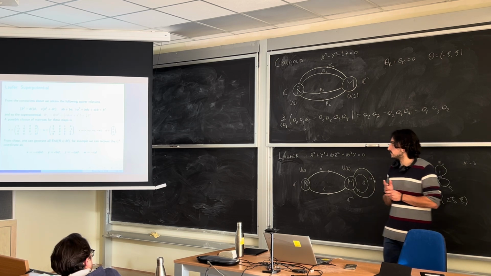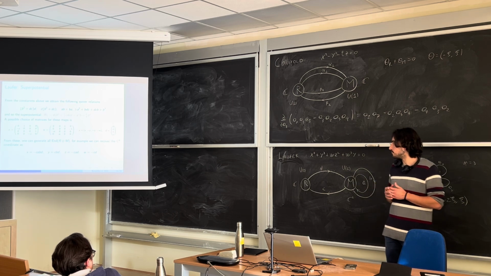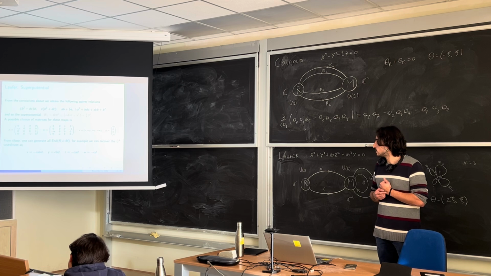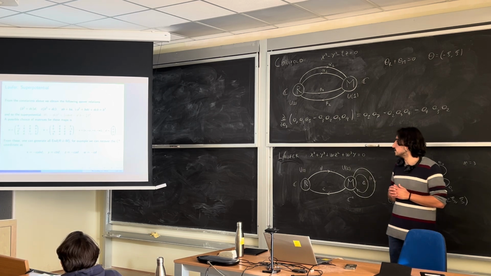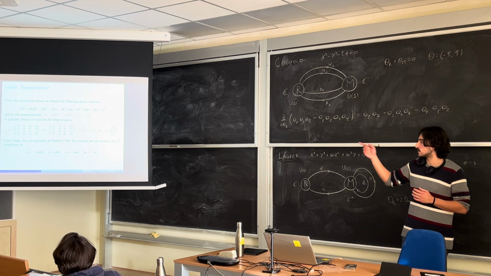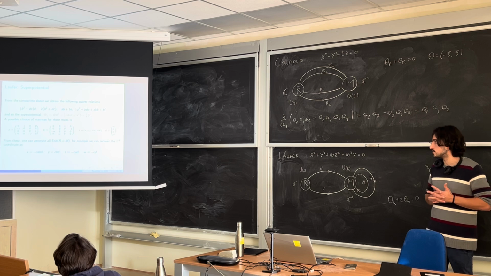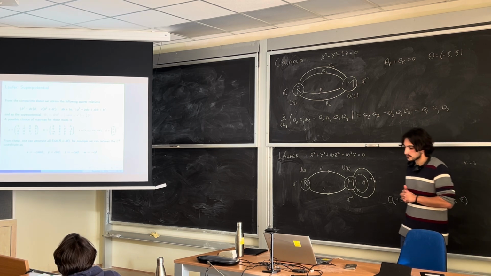For example, a choice of the maps that satisfies these relations is the one reported there, and we can see that C, for example, is a row of the phi matrix of the matrix factorization.